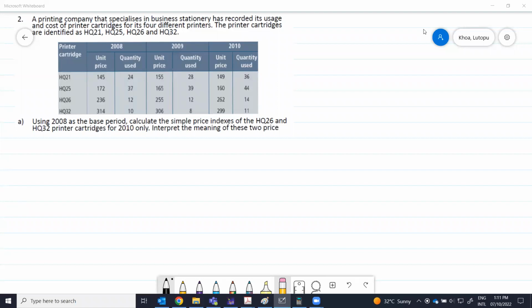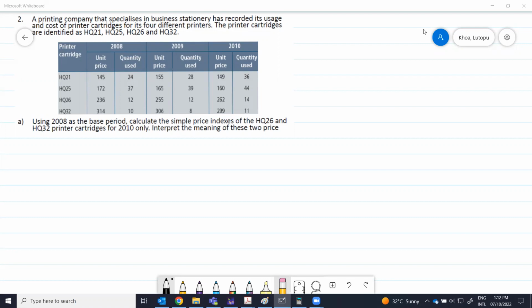Okay, question 2. A printing company that specializes in business stationery has recorded its usage and cost of printing cartridges for its 4 different printers. The printing cartridges are identified as HQ21, HQ25, HQ26, and HQ32.